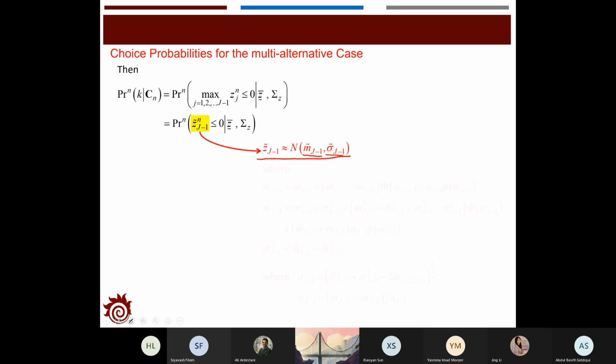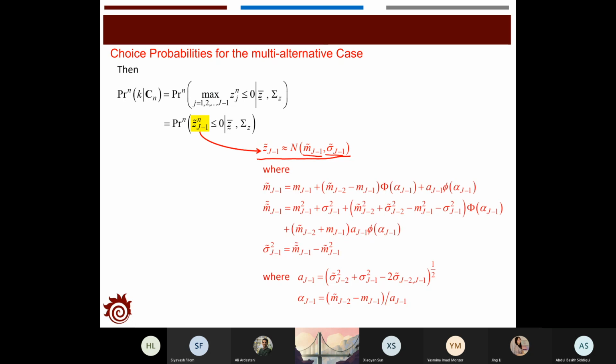And those can be calculated from Clark's approximation, from the iterations from the first two random variables to the last, to include all the variables in the maximization.